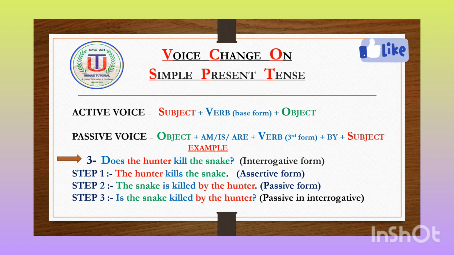This is in assertive form. Then the second step is to make it passive. The snake is the object here, so it will come first, then is, then killed, then the subject. So in step 3, the final answer will be: is the snake killed by the hunter?